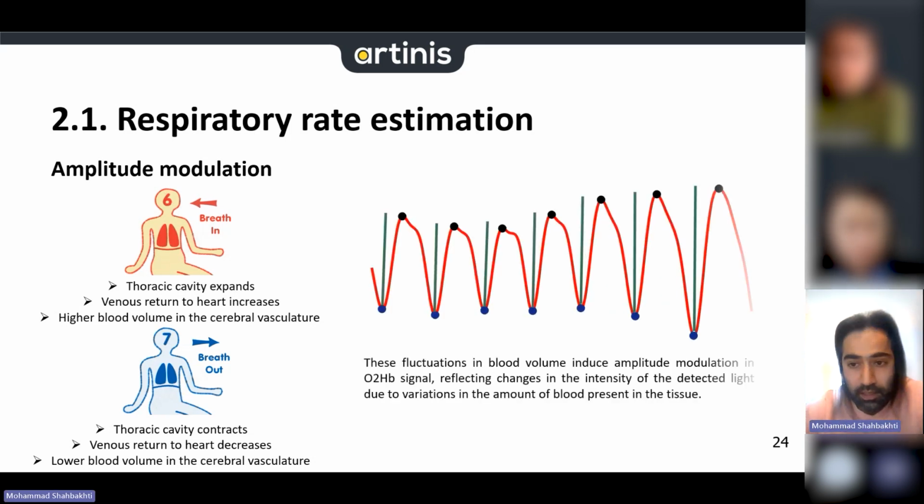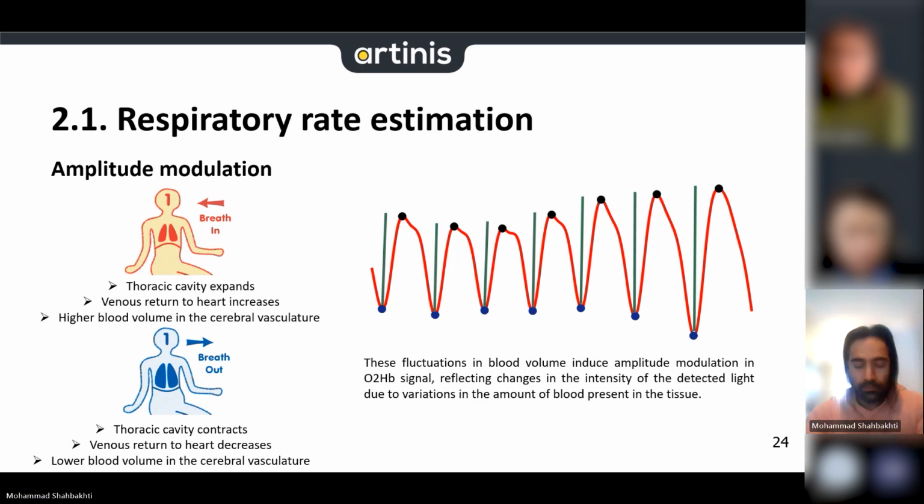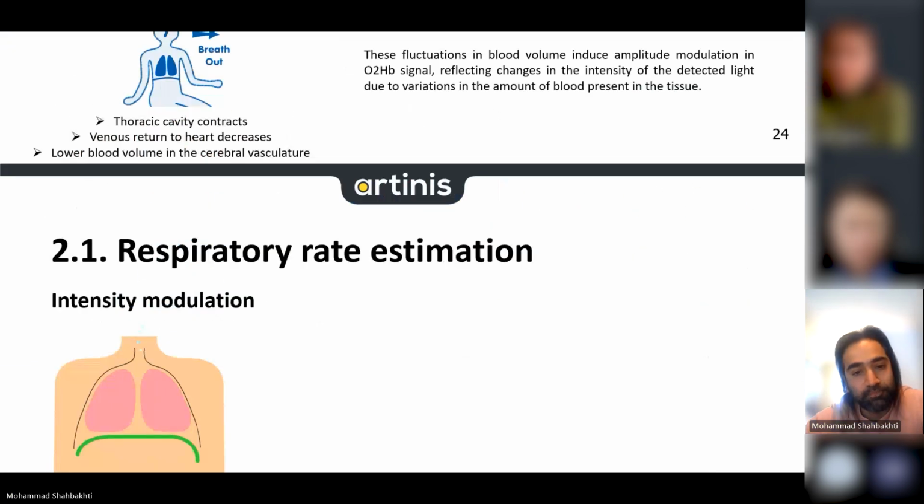You can see here that this fluctuation in blood volume induces amplitude changes in the O2HB signal. The differences between those troughs and peaks, the blue dots and black lines, can be used to generate an amplitude modulation for estimation of respiratory rate.